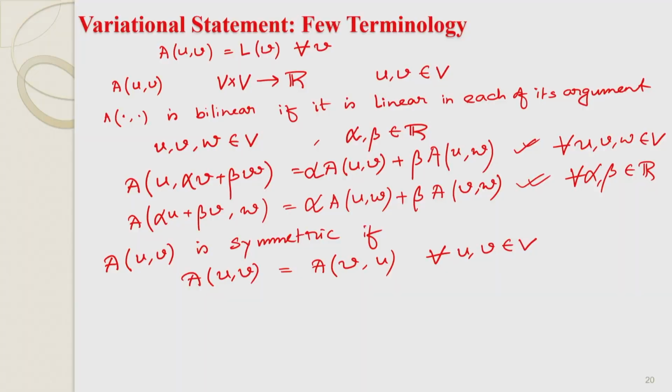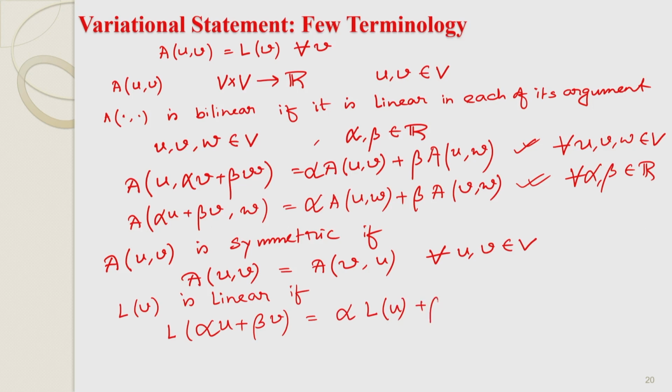There is another important thing I should mention, that is L v is linear if, again L is one operator, this should be true for all v belonging to the vector space, mapping to the real numbers. Now, these are a few concepts we should understand in the variational statement.